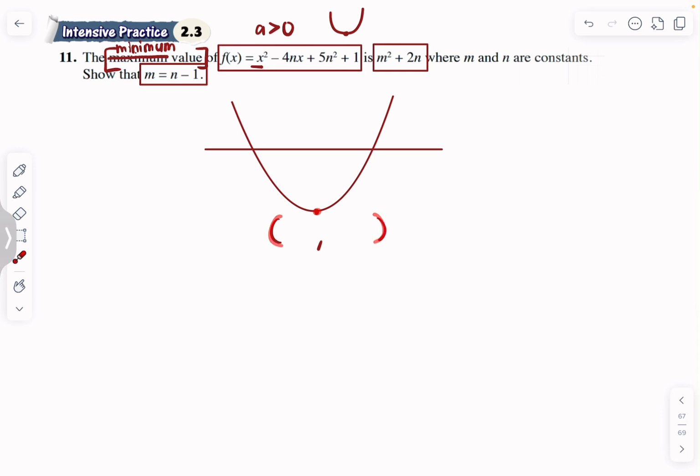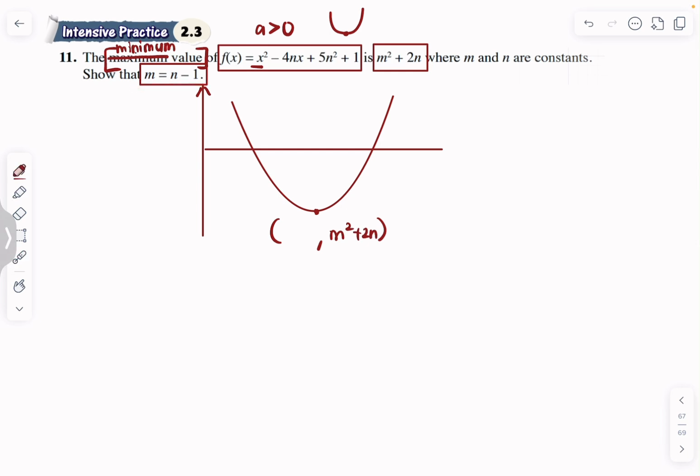But minimum value means, if this is your y-axis, the lowest value of the graph here. This is the lowest value. Therefore, they always talk about the y value. So the minimum value is m squared plus 2n. We have to prove that m is n minus 1.